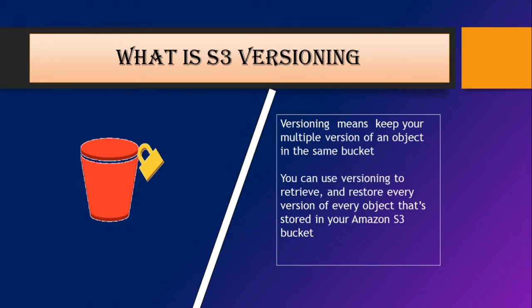Versioning means keeping multiple versions of data or an object in the same bucket, and you can use versioning to retrieve and restore every version of every object stored in your Amazon S3 bucket. It means if you store multiple versions of an object in one bucket, that is the versioning feature.